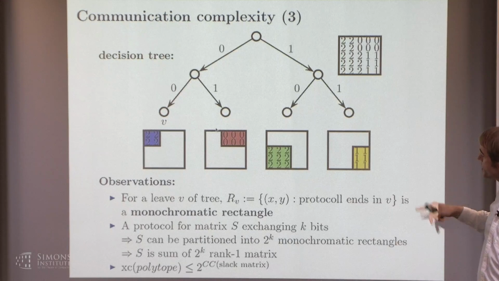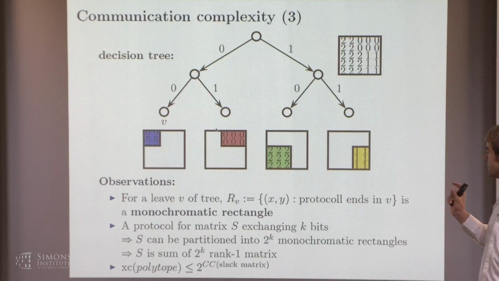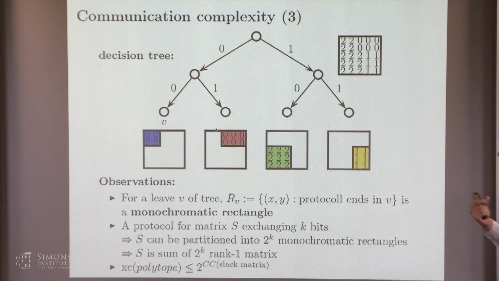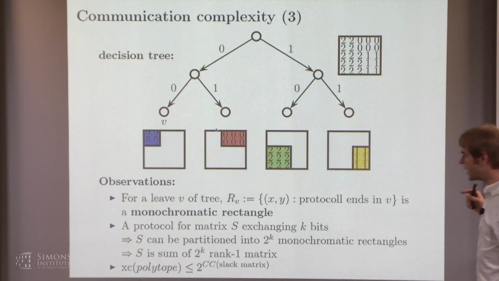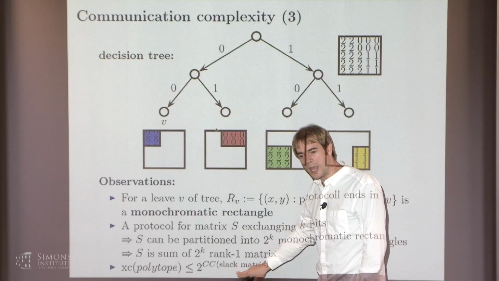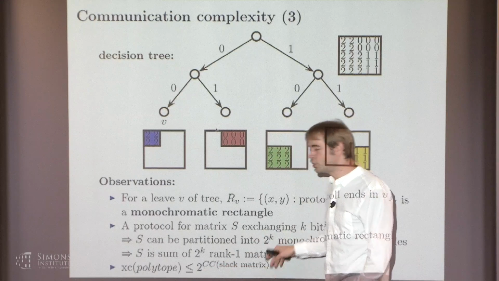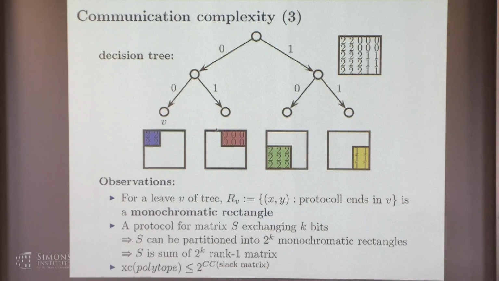But there's a beautiful application, for example, to perfect graphs, to the stable set polytope of perfect graphs. I don't think I'll get to that. But there's a nice application where there's a protocol of, I think, n log n square length, and that gives you some quasi-polynomial upper bound on the size of the extension complexity of the stable set polytope.